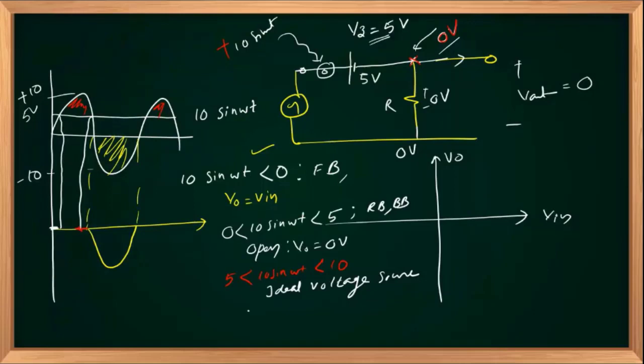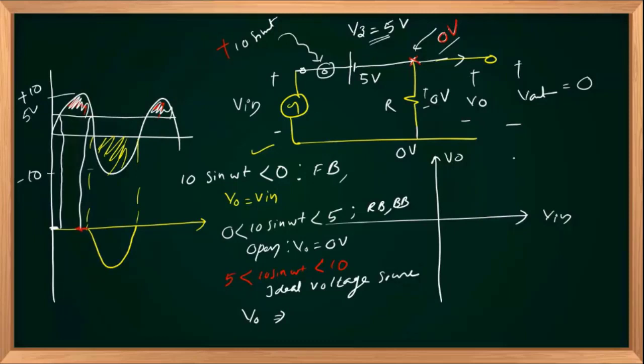And what about V out? V in is positive, greater than 5. V out is found by writing Kirchhoff voltage law around the loop. Let us mark the signal as V in itself, with positive and negative polarity.